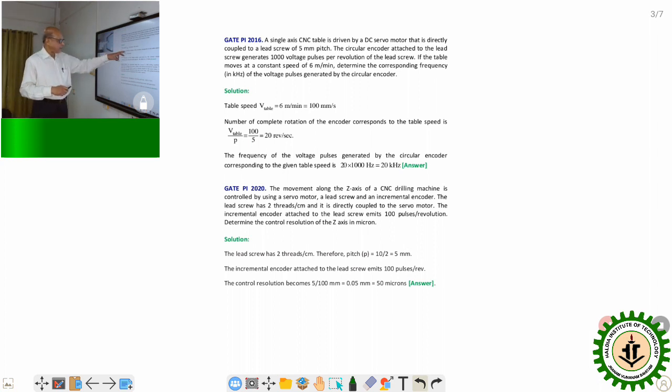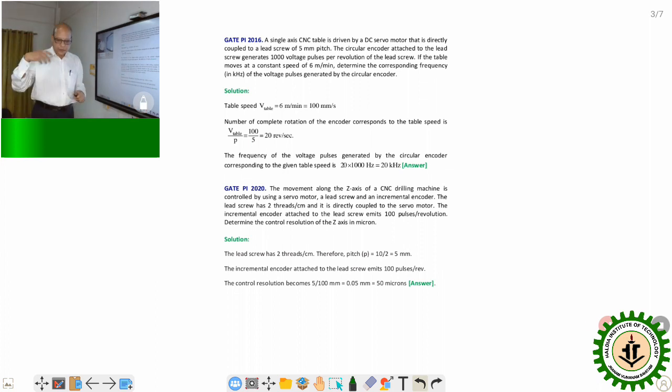So 20 revolution per second is the complete revolution of the encoder corresponding to the table speed of 6 meter per minute, which is given. Now the circular encoder attached to the lead screw generates 1000 voltage pulses per revolution.